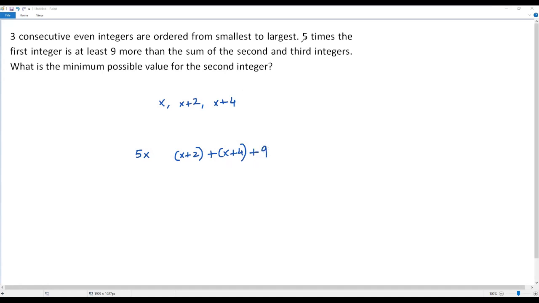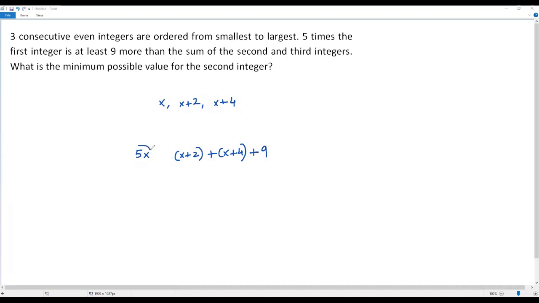Okay, now let's consider this complete statement over here. 5 times the first integer is at least 9 more than the sum of the second and third integers. That means the minimum value of 5 times the first integer is 9 more than the sum of the second and third integers. So the minimum value of this 5x is this expression.